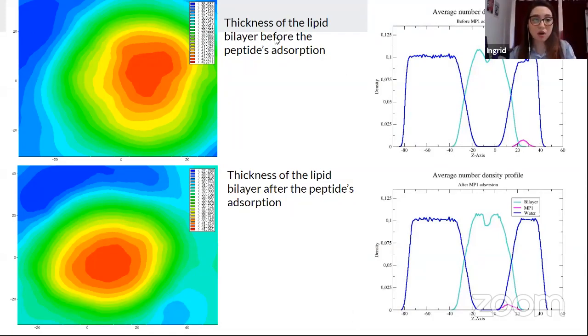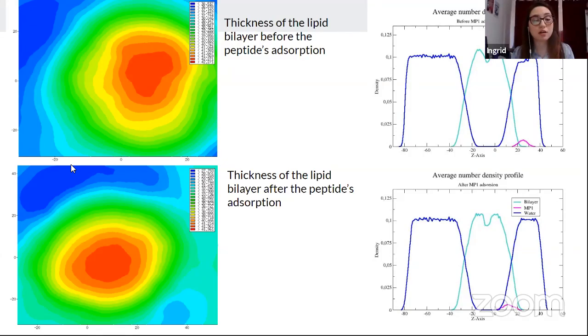I made this heat map of the lipid bilayer before the peptides adsorbing and after. The first one I got at the beginning of the simulation, and you can see a difference between the narrower part and the thickest part, from 36, 37 angstrom to 42. After the adsorption, the narrower part of the lipid bilayer, where the peptide is interacting, gets to 27, almost 28 angstrom.